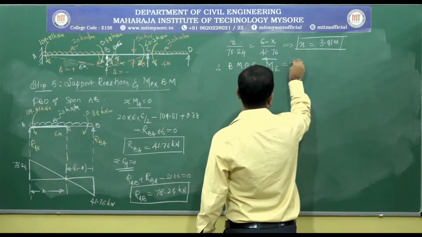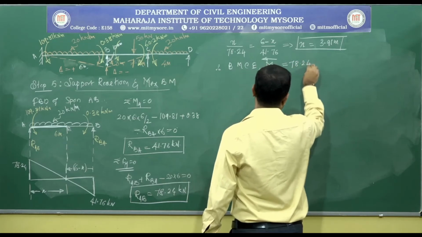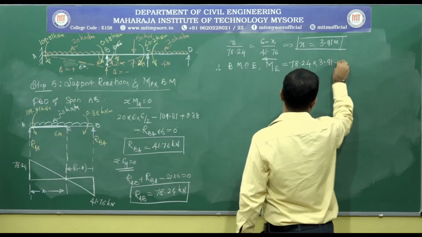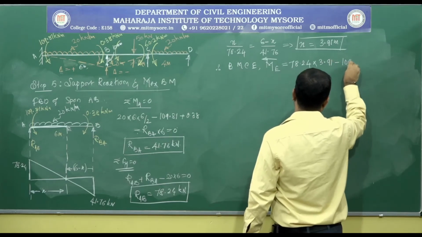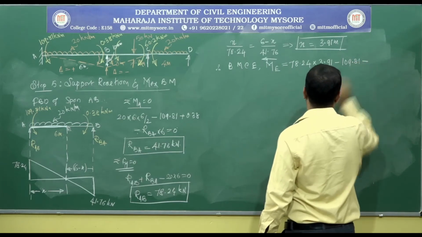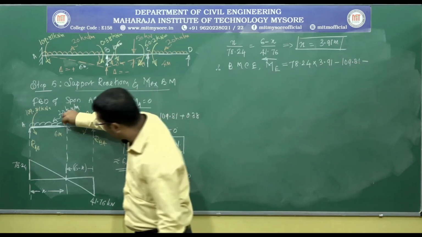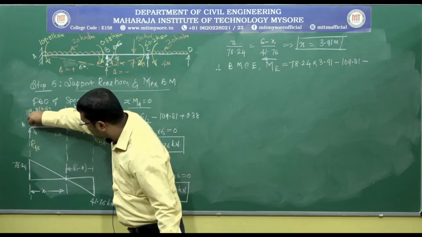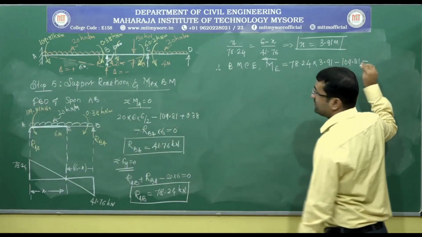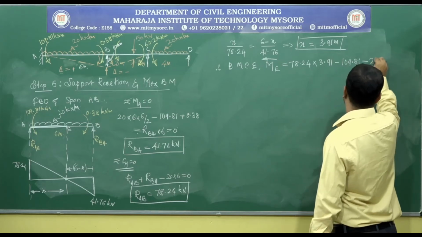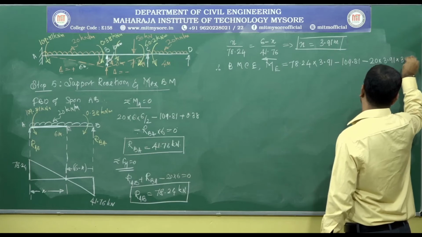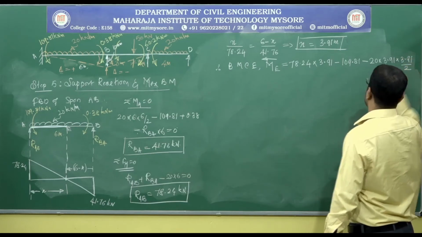So it is 78.24 into x, x is 3.91, minus we have an anticlockwise moment 109.81, minus of the UDL which is on this portion, creating an anticlockwise moment. So it is minus 20 into 3.91 into 3.91 by 2.